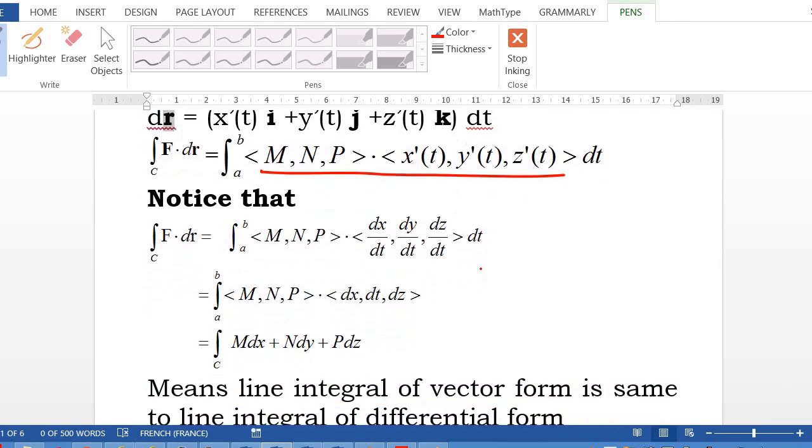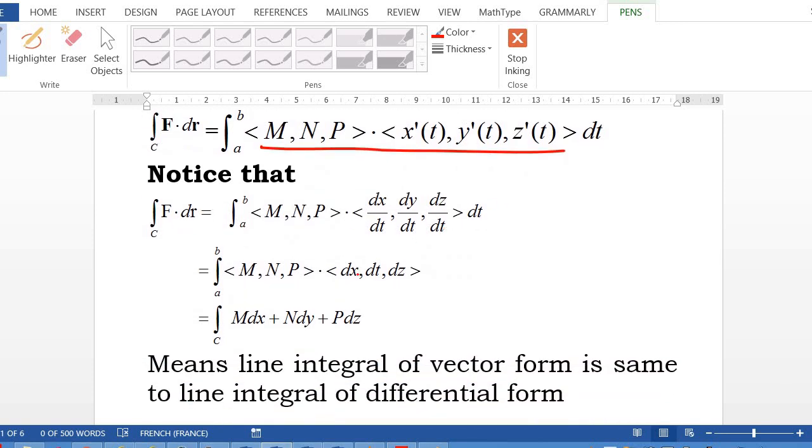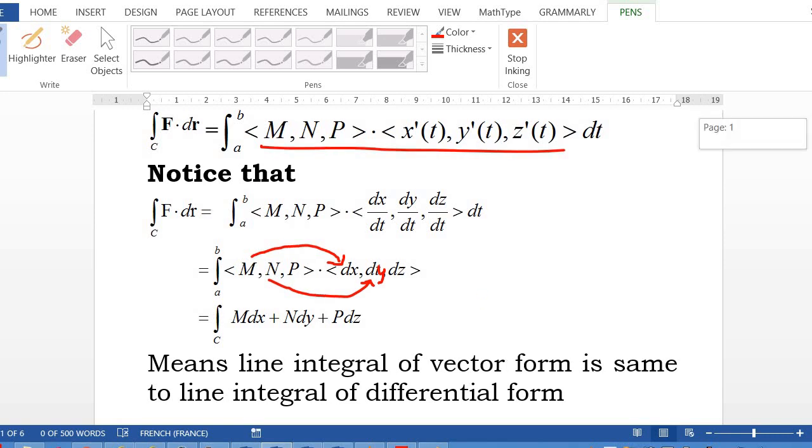Then the dt and dt cancel, and it becomes Mi plus Nj plus Pk dot with dx i plus dy j plus dz k. The dot product, each component I multiplied with I, so M dx plus N dy plus P dz. Hence, you can notice that the line integral of a vector field is actually equivalent to the line integral of differential forms.